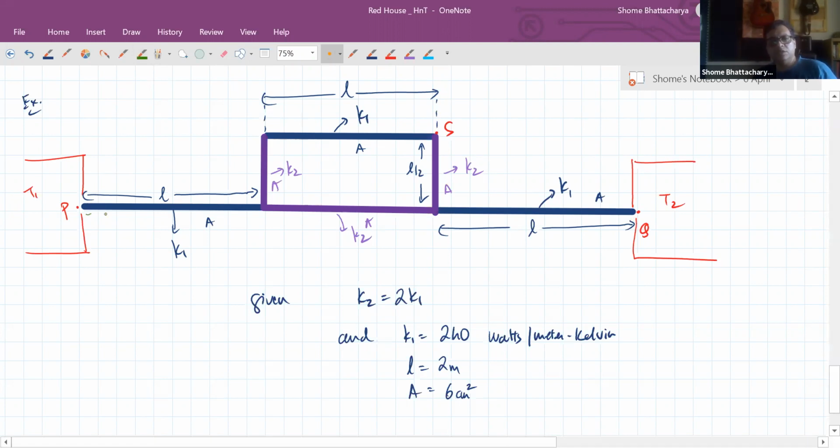And assume there is some insulation everywhere. So like for electrical wires, we have some non-conducting shielding, like some plastic shielding or rubber shielding. Like that for thermal conductors, we have some kind of thermal insulation from outside.